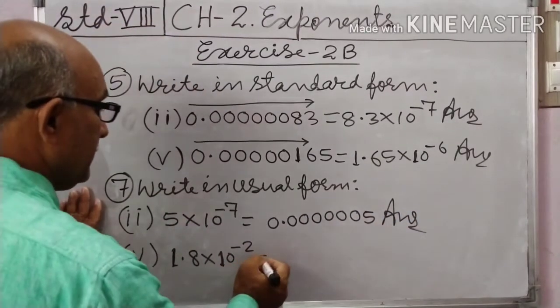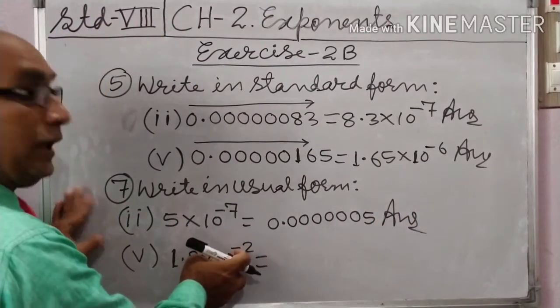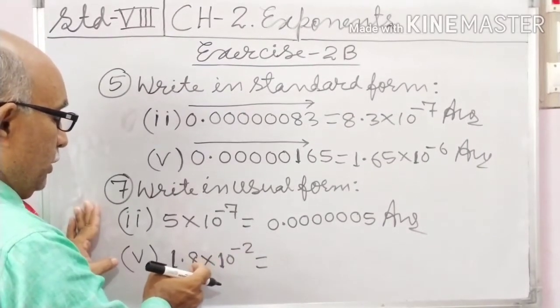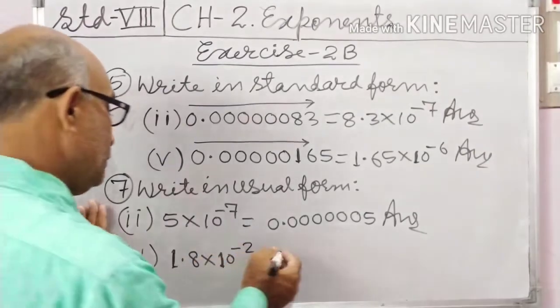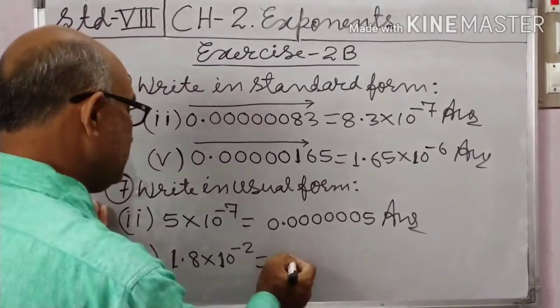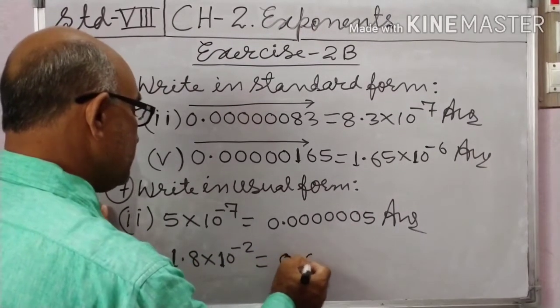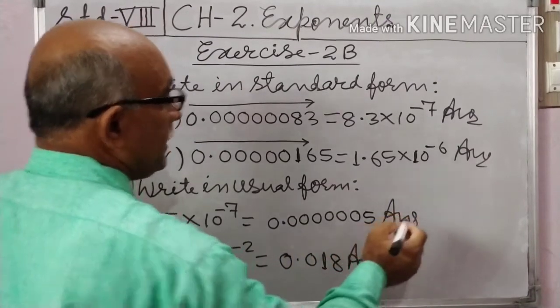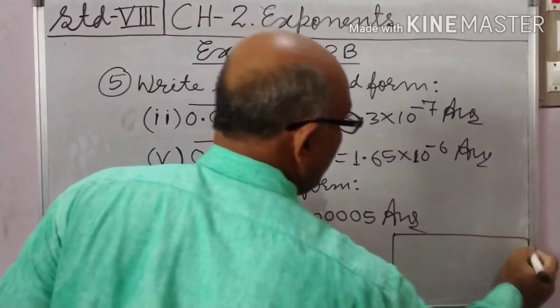And next, the decimal is shifted 2 places, so 0.018, answer.